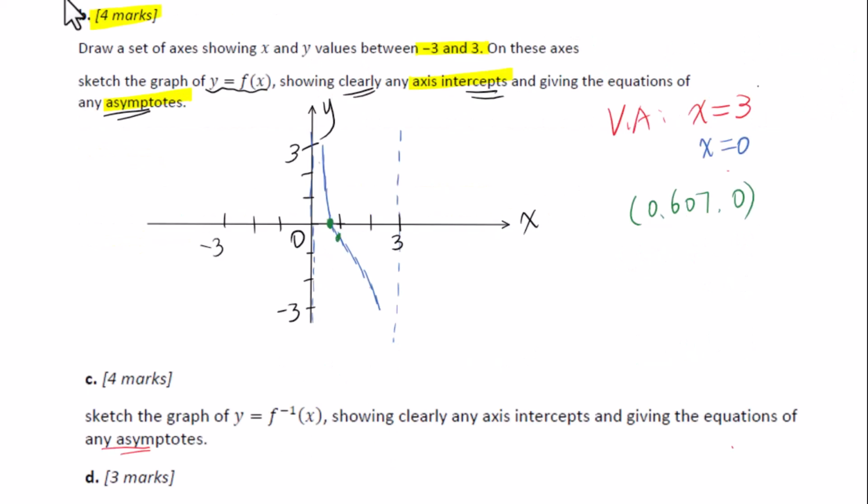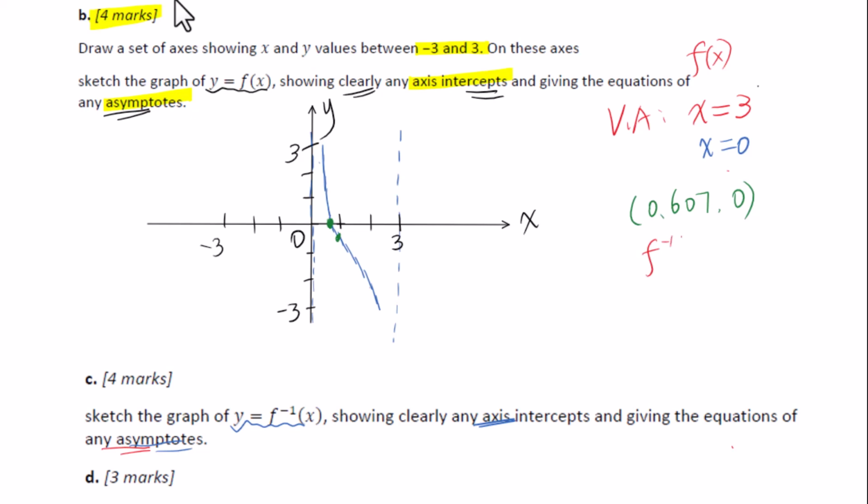Let's look at C. Sketch the graph of y equals inverse of f of x, showing clearly axis intercepts and giving the equations of any asymptotes. This is for f of x.